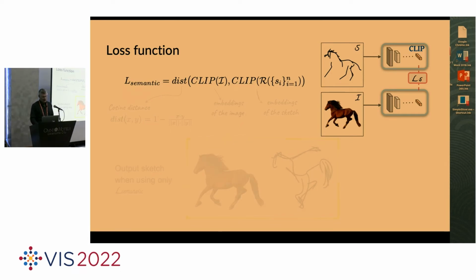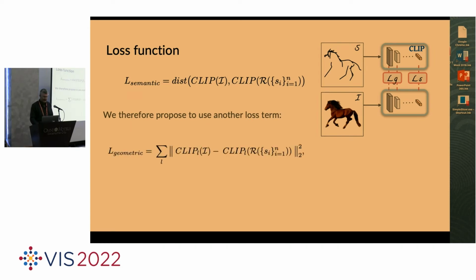So we added another, geometric term, again using CLIP, but not the final embedding representation; rather, a more middle representation of the network. We use the features in the fourth layer, and again use L2 distance between the two, the embedding of the image and the embedding of the sketch, but now in the middle rather than at the end.